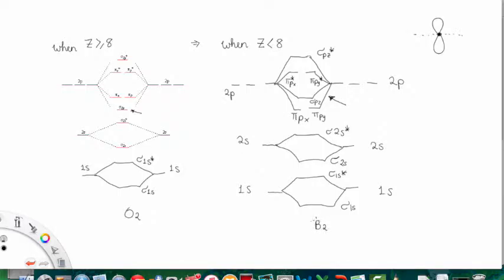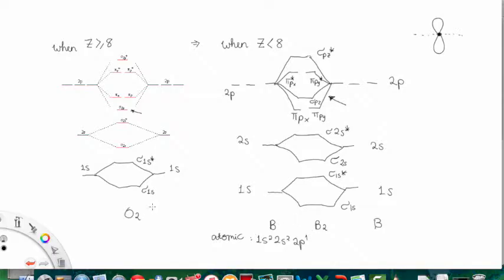So diatomic boron. We have atomic boron on the left and atomic boron on the right, since it's a homonuclear diatomic molecule. The electron configuration for boron in the atomic configuration, as we talked about in the previous part, can be written as 1s2, 2s2, 2p1, because the total number of electrons boron has is 2, 4, 5.